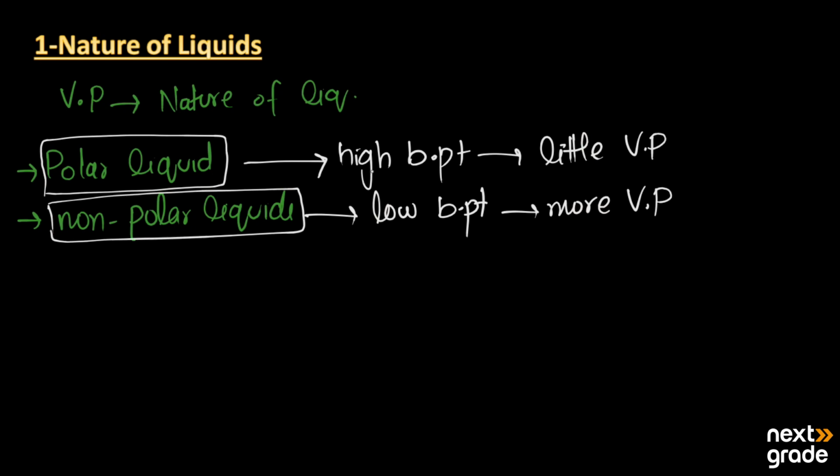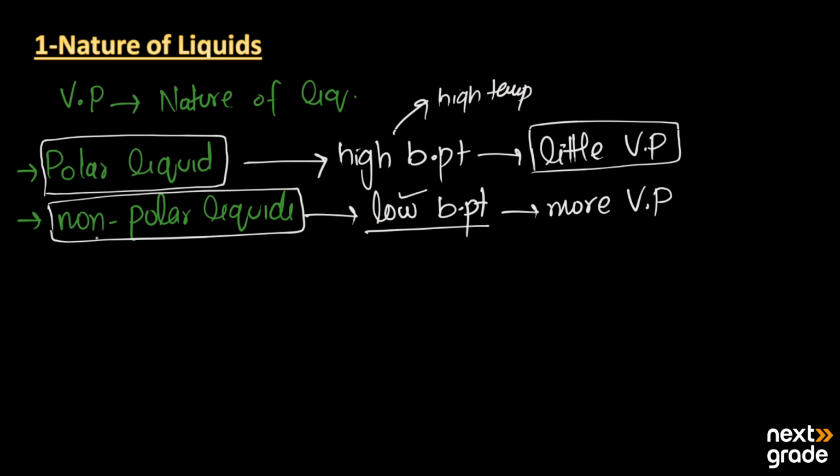Now, why do they have high boiling points? High boiling points mean they have strong intermolecular forces and they boil at high temperature. On the other hand, non-polar liquids boil at low temperature. When they boil at high temperature, there is formation of only a little vapor and the pressure will also be little. On the other hand, the non-polar liquids will apply more vapor pressure because more of their molecules change into the vapor phase from the liquid phase.